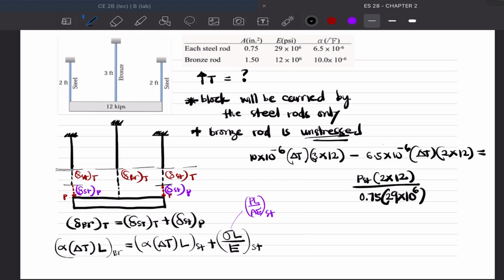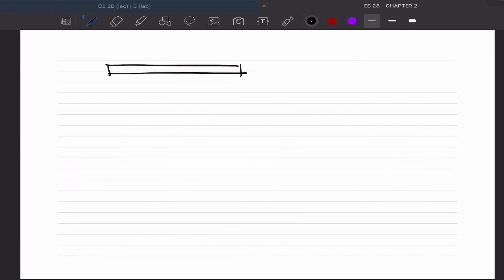Okay, so in this equation, we have two unknowns: delta T and P of the steel. We need to analyze it using the figure, then use equations of equilibrium to get the value. So this is the block weighing 12 kips.